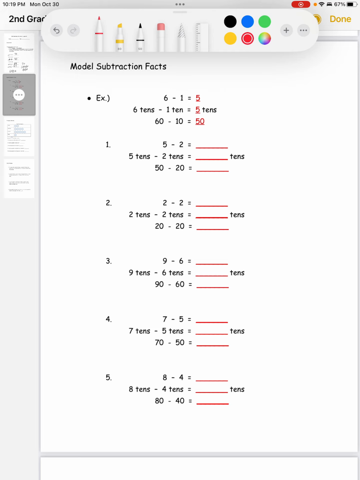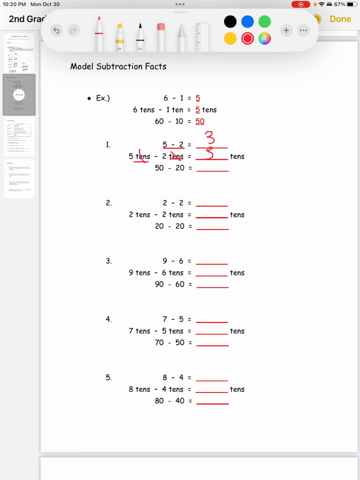So we know that 5 minus 2 equals 3. So we would write down 3. And we know that 5 tens minus 2 tens equals 3 tens again. So what this means by tens, it helps when you just don't look at the tens and just look at the 5 minus 2. And 5 minus 2 is the same thing up here.